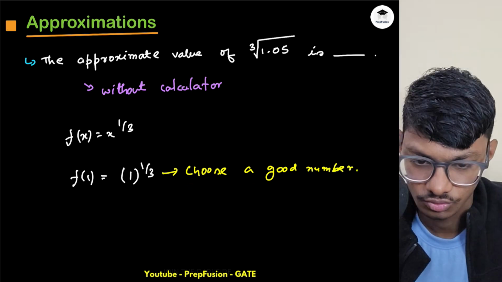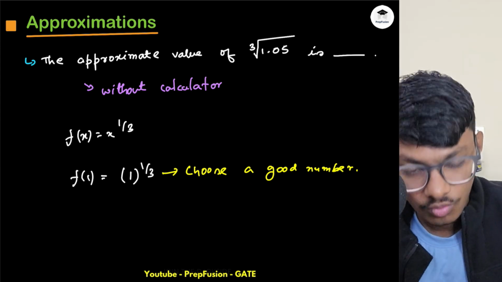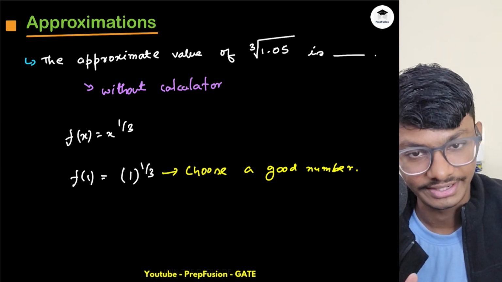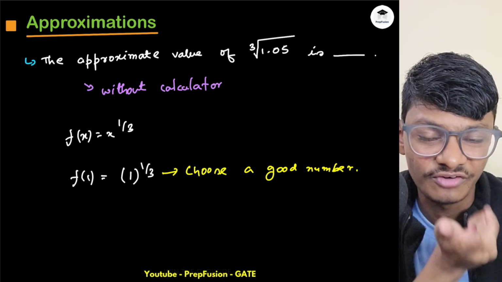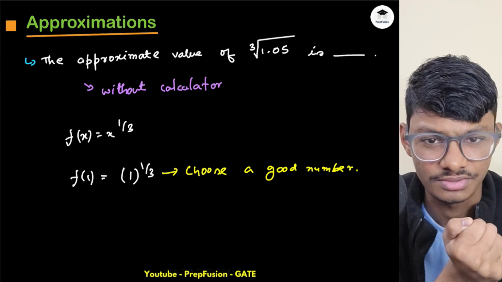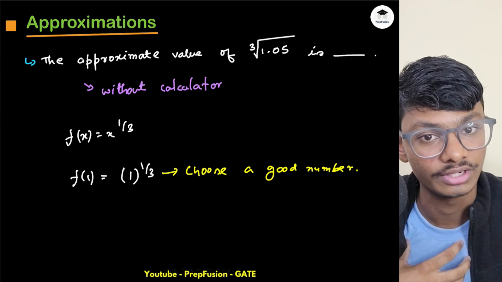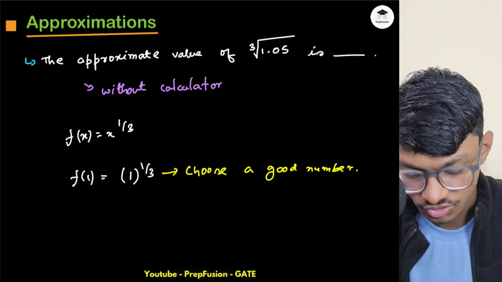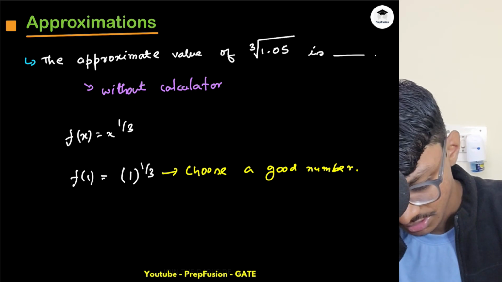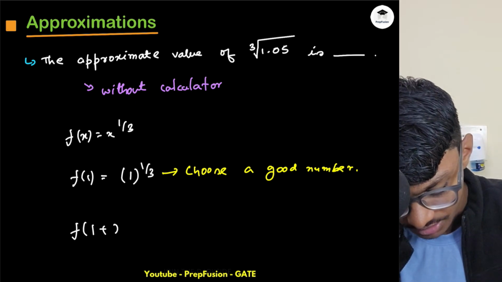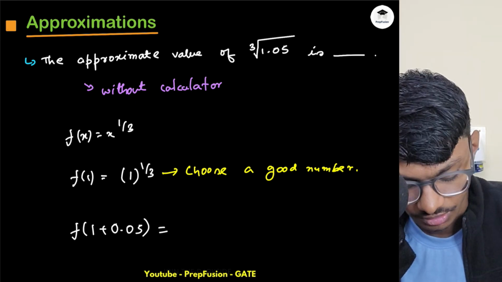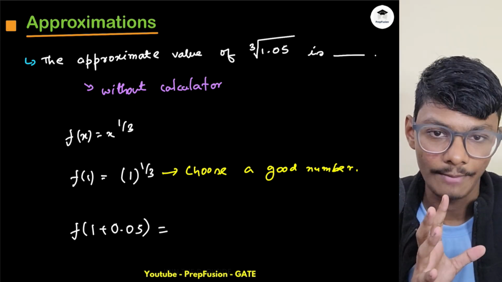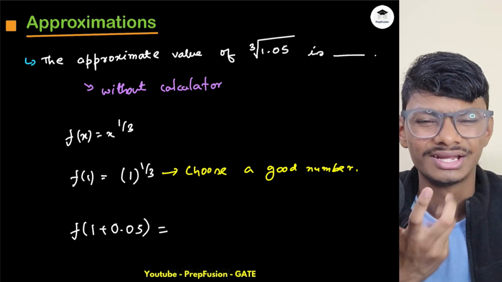Okay, choose a good number. Now let's go a bit further from this. I can easily find f of 1, that is very easy. But actually what I'm interested in is f of 1 plus 0.05. As I'm really close to 1, it can deviate a bit.